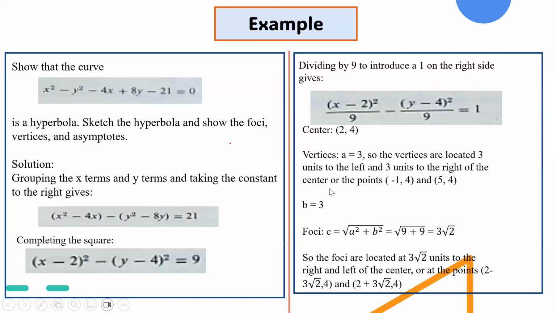So our a is equal to 3. How do we have 3? In the formula, a squared is where 9 is. So 3 squared is equal to 9, that's why a is equal to 3. So the vertices are located at 3 units to the left and 3 units to the right of the center point: (-1, 4) and (5, 4).